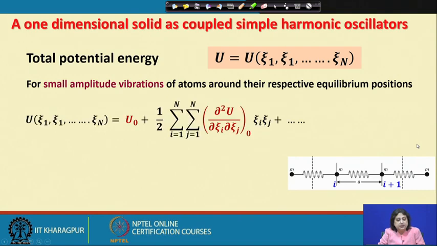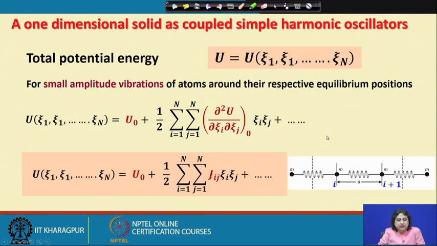So, under such a condition I should be able to write the total potential energy of the solid as a constant term plus a term that is quadratic in the displacements, or in other words, I can introduce a spring constant k_ij representing the coupling of the displacements ξ_i and ξ_j, and I would say that U represents the potential energy of a system of coupled simple harmonic oscillators. But that does not help us.